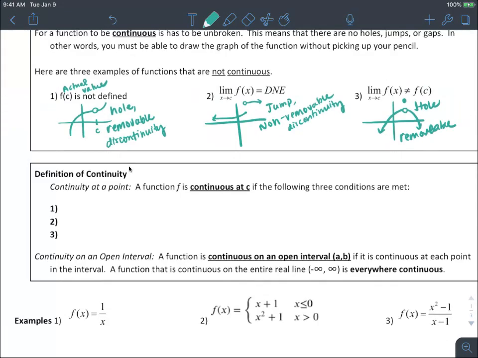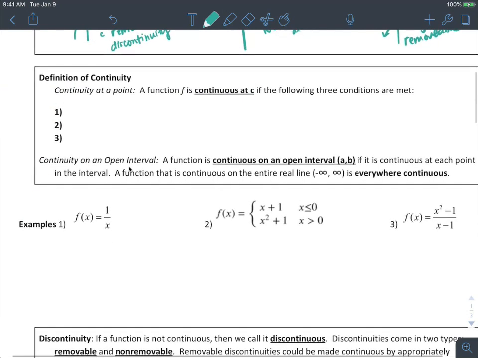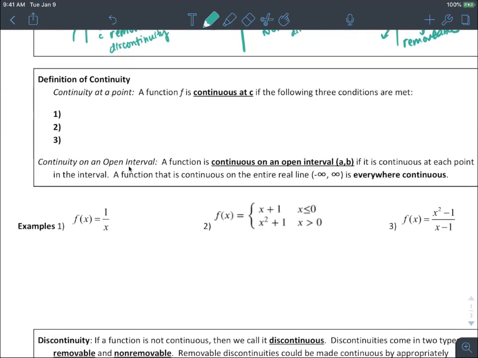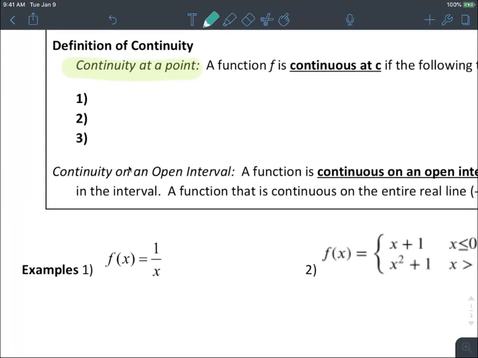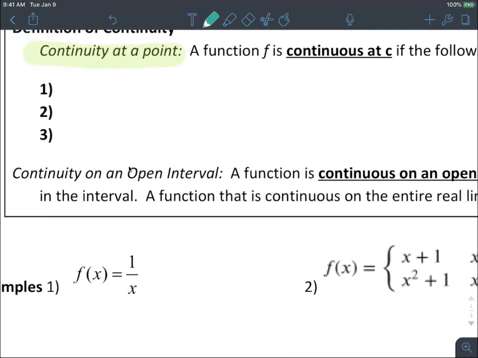So what is the definition of continuity at a point? There are three things that we need in order to say that we're continuous at a point. The first is that f of c is defined, or it exists.